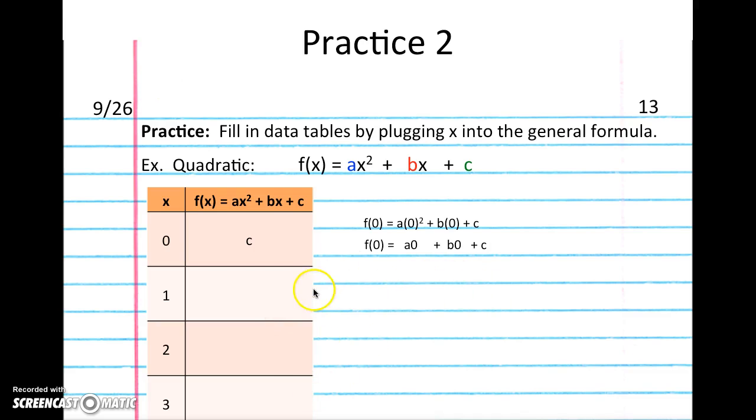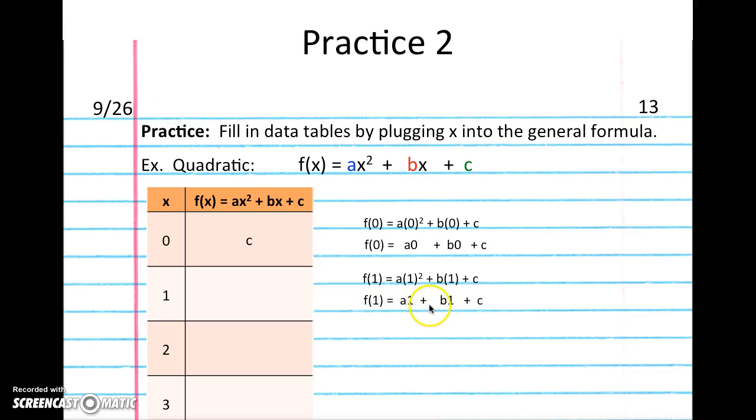Now we're going to go into the next one, where x is 1. So I'm going to substitute 1 for x, and I get f of 1 is equal to a times 1 squared plus b times 1 plus c. 1 squared is 1, so what I'm left with is a times 1 plus b times 1 plus c.